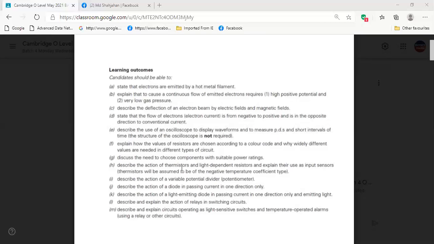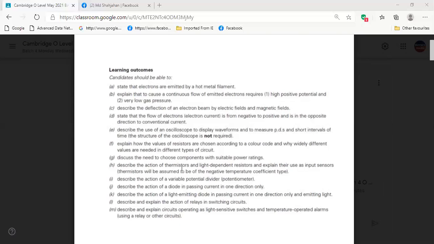Will we also learn why the thermistor has less resistance when the temperature increases and more when it decreases?